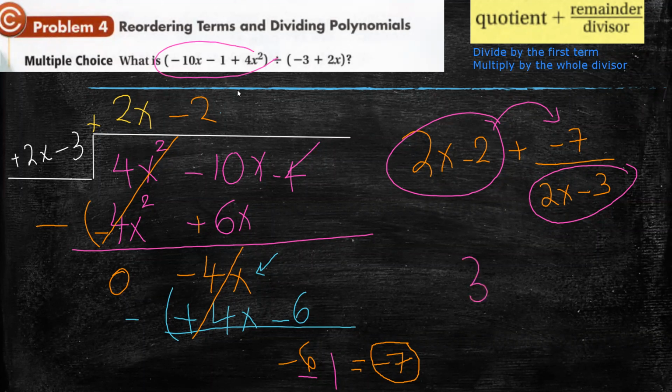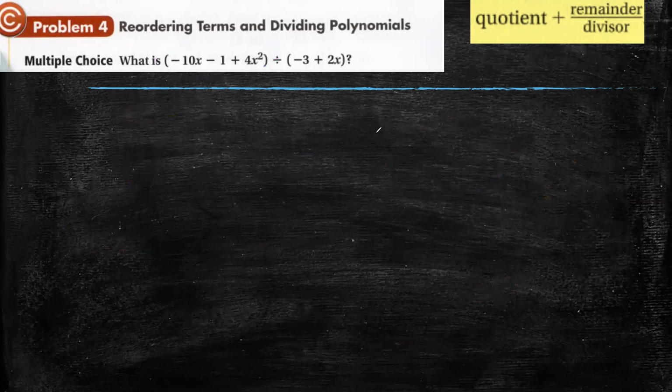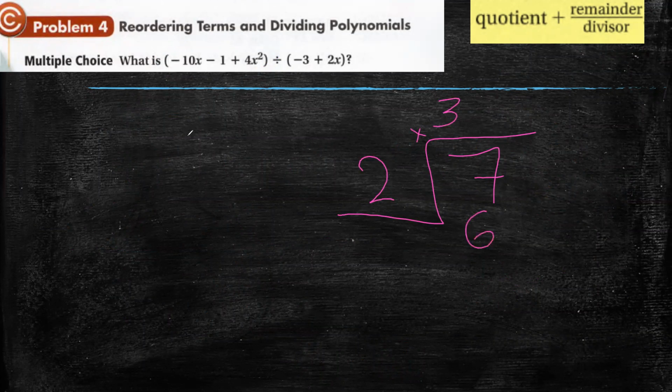Like when you have 3 and 1 over 2, it is 2 times 3 plus 1, which is 7 over 2. As you remember before, when you want to divide 7 by 2, you say it is 3, 3 times 2 is 6, the remainder is 1.